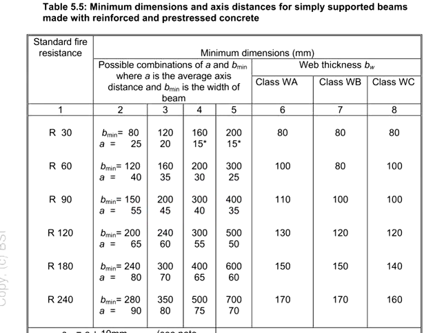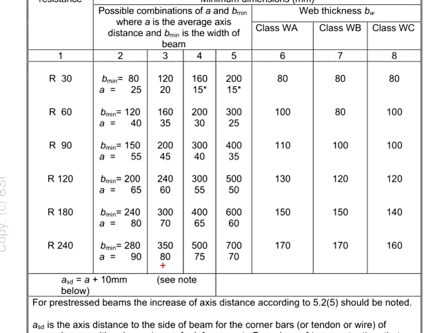You may use the beam width of 150 mm, except that you need to provide axis distance equal to 55 plus another 10 mm. Alternatively, you may use 200 mm width with a smaller axis distance. The final axis distance you're going to use will be 45 plus 10, 55 mm.